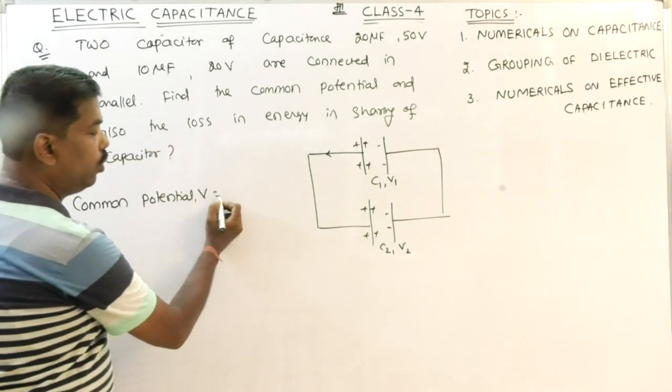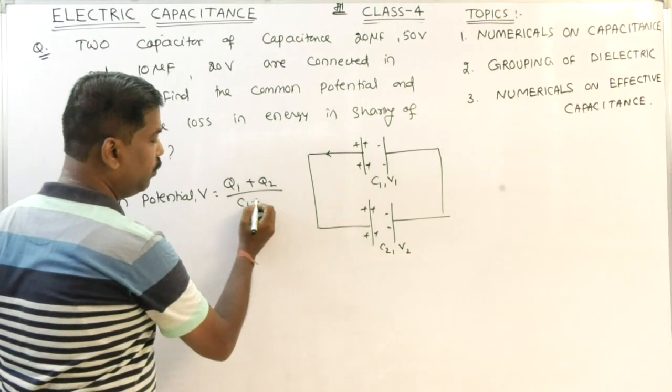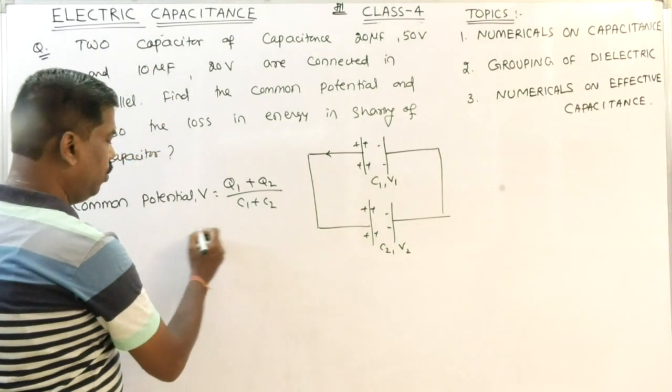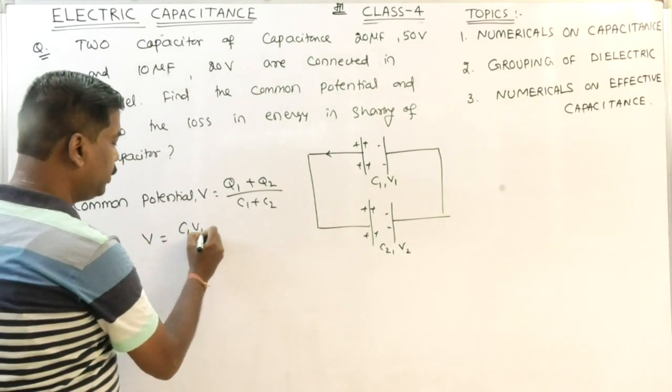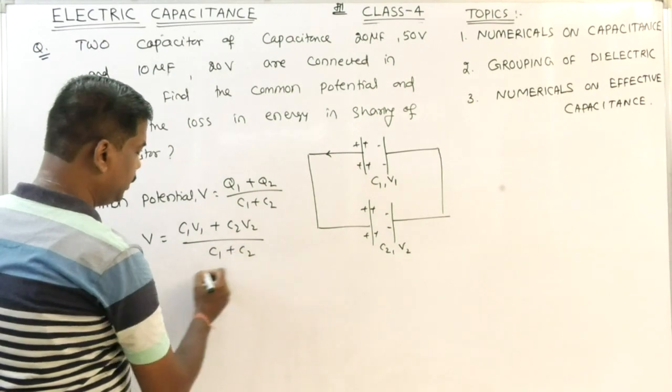So the formula: V is equal to total charge (Q1 plus Q2) by (C1 plus C2), Q by C. So V is found to be (C1 V1 plus C2 V2) by (C1 plus C2).